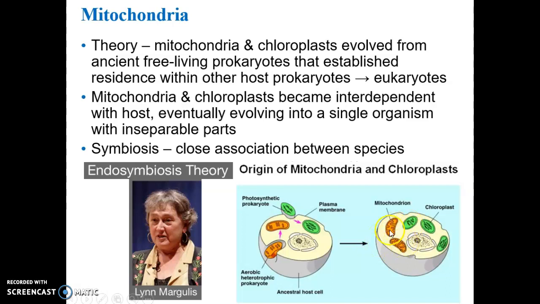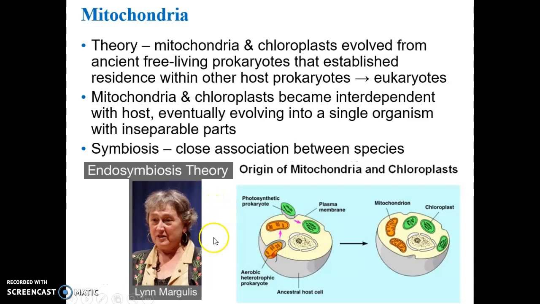And this type of relationship is referred to as symbiosis, or a symbiosis is a close association relationship between species, and in this case, between organelles, or previously independent cells, and the host cell. So this theory of how the chloroplasts and the mitochondria developed is referred to as the endosymbiosis theory that was first proposed by Dr. Lynn Margulis back in the early 1970s, so not that long ago.